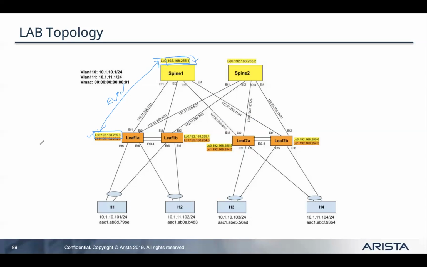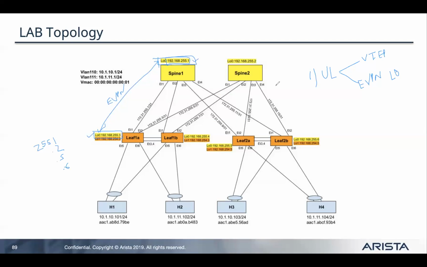So that's where we need routes for 255.1, .2, and then again .5 and .6, the other VTEPs' loopback 0. So the routing protocol first is for underlay. The purposes are VTEP reachability and bringing EVPN neighborship up, for which we need to learn loopback 0 routes. You can use any routing protocol.